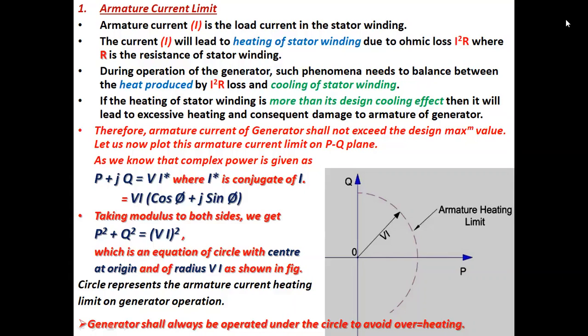Taking modulus to both sides, we get P square plus Q square is equal to (VI) square, which is an equation of circle with center at origin and of radius VI as shown in figure. Circle represents the armature current heating limit on generator operation. Generator shall always be operated under the circle to avoid overheating.